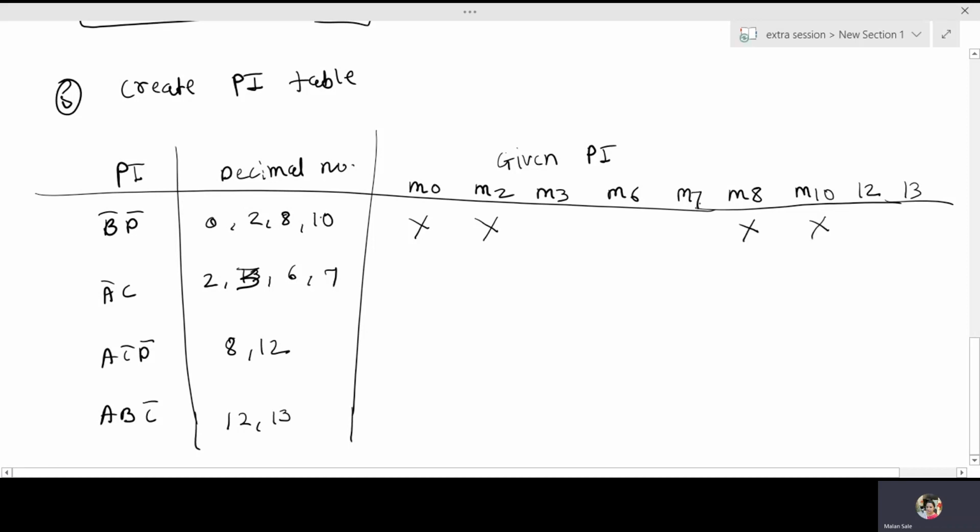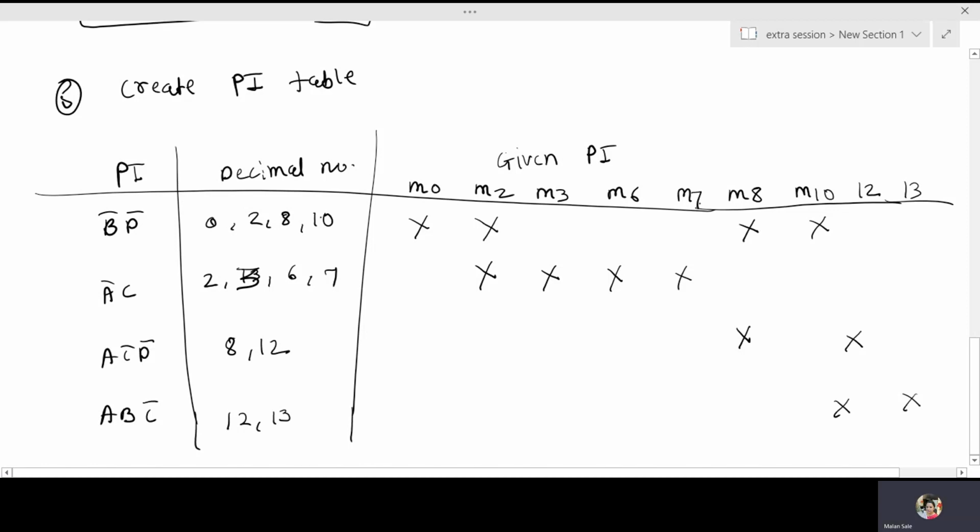Similarly for the second: 2, 3, 6 and 7. Next one is 8 and 12. Third one is 12 and 13.